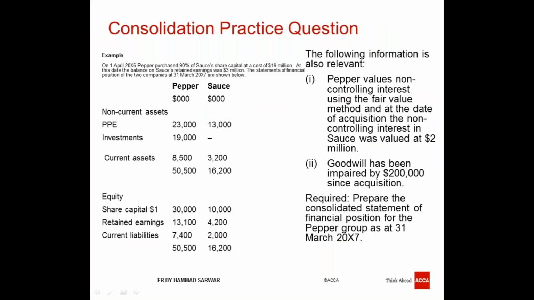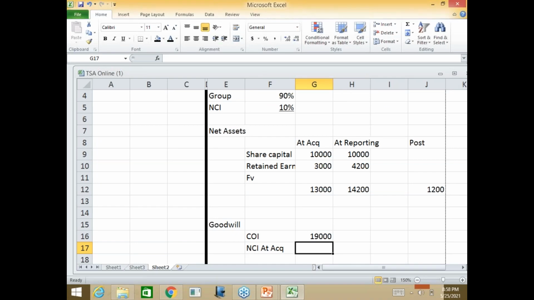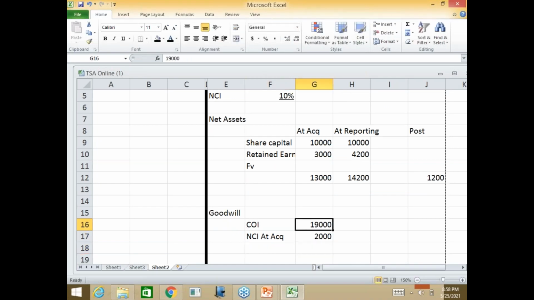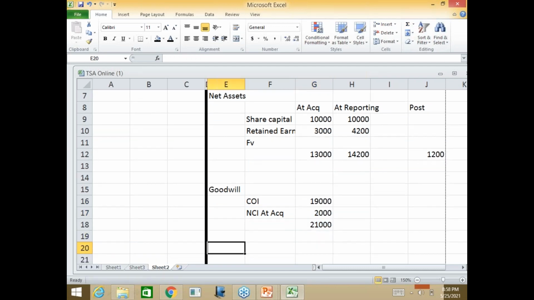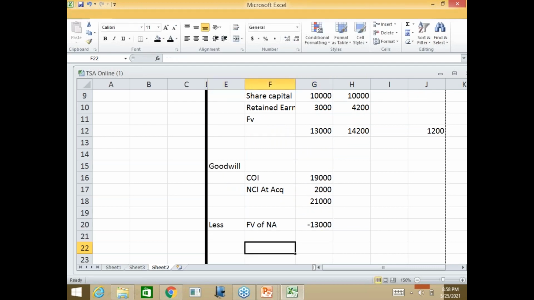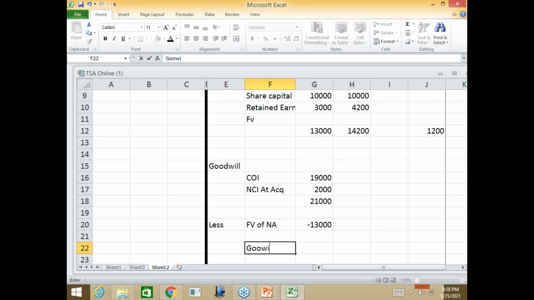NCI at acquisition was valued at 2,000. Less fair value of net assets. It's already mentioned here. That will be my goodwill at acquisition.